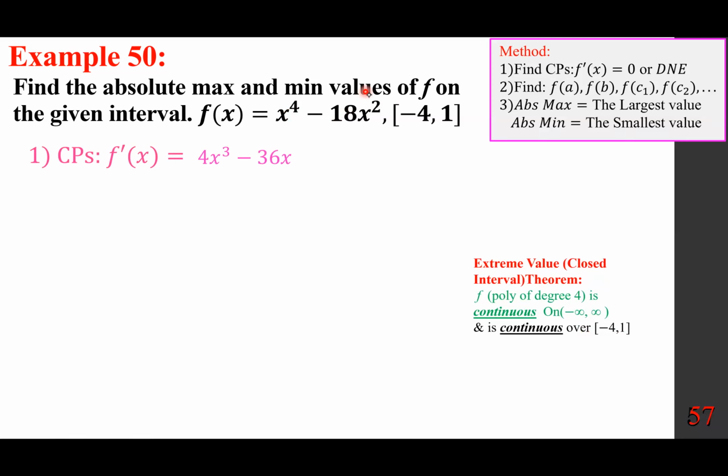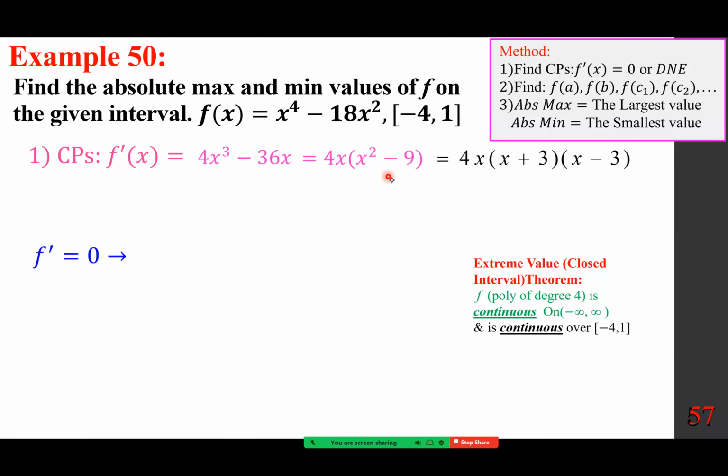Since we want to set this equal to 0, we are going to factor out the 4x first, and then this one into x plus 3, x minus 3. Now, if I set this equal to 0, this becomes 0, this becomes negative 3, this becomes positive 3, resulting in 3 numbers, 3 answers. Are they all in this interval? No, only 0 and negative 3.